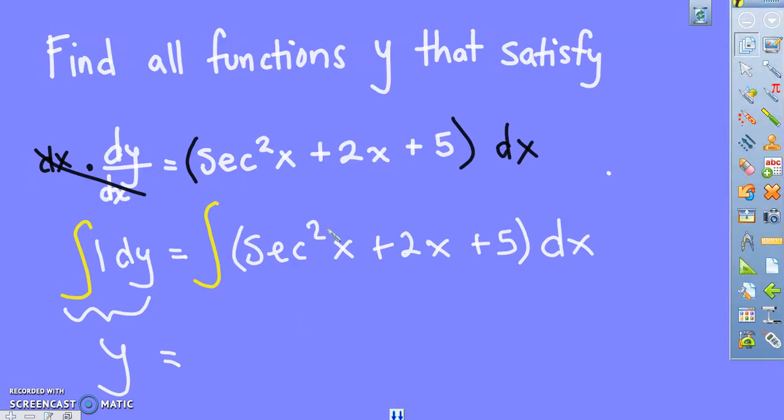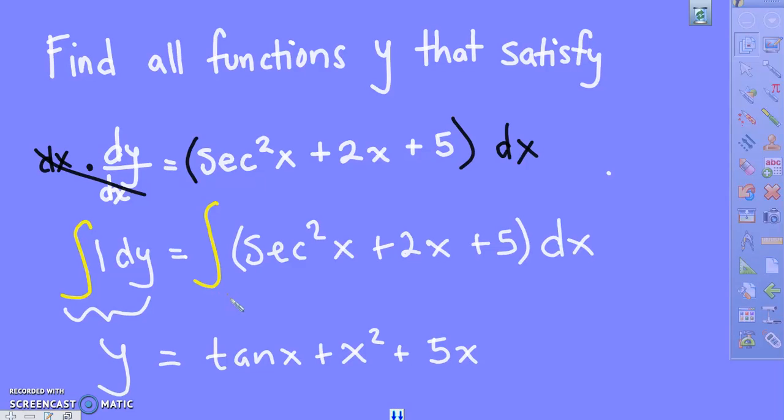Integrating secant squared x plus 2x plus 5, well, that's not too bad either. What we get is tangent x plus x squared plus 5x.